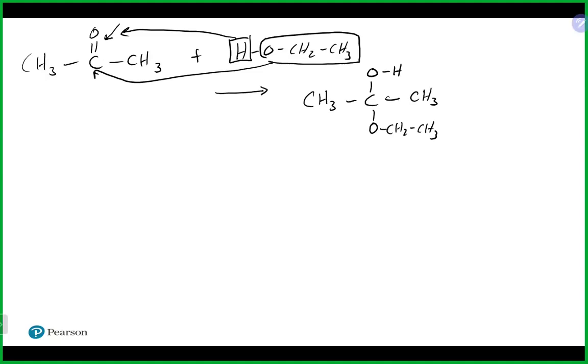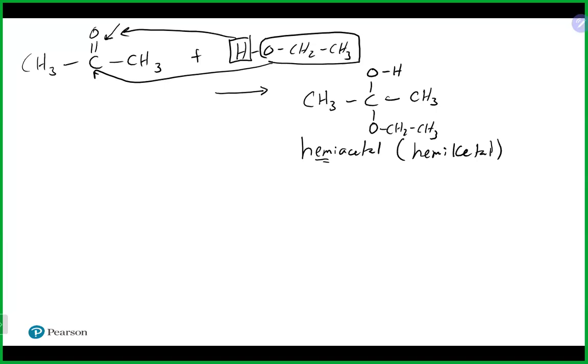And what we make here, in some books they will still call this a hemiacetal, and some books will call this a hemiketal because it comes from a ketone rather than an aldehyde. So sometimes you'll see it both ways. I think nowadays people just roll with hemiacetal for it as well.